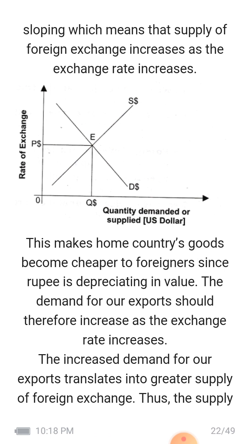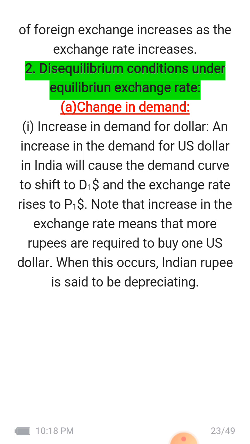The demand for our exports should therefore increase as the exchange rate increases. The increased demand for our exports translates into a greater supply of foreign exchange. Thus, the supply of foreign exchange increases as the exchange rate increases.